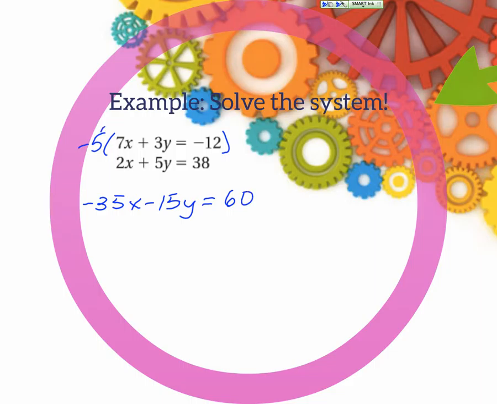So I multiply all 3 of those by negative 5. And then I'm going to multiply my second equation by 3, because 3 times 5 gives me that positive 15, which will help those y's cancel out.